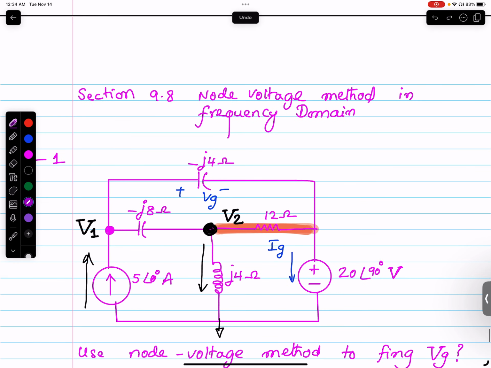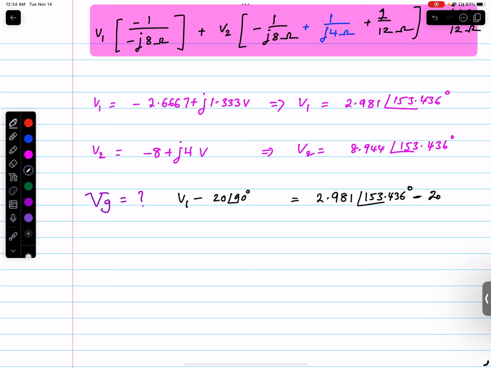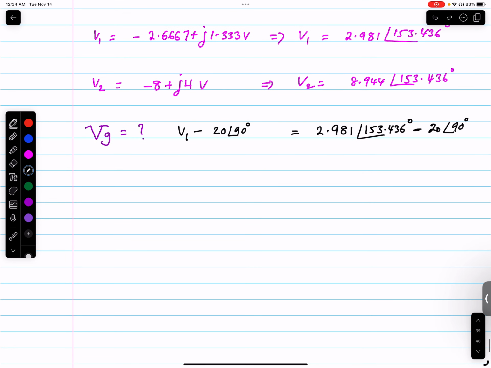So the voltage on the left is V1, which is 2.981 angle 153.436 degrees, minus 20 angle 90 degrees. Because we have a subtraction operation here, it's a good idea to change everything into rectangular form.